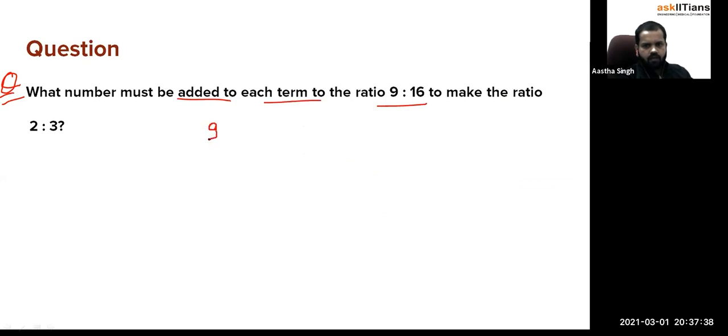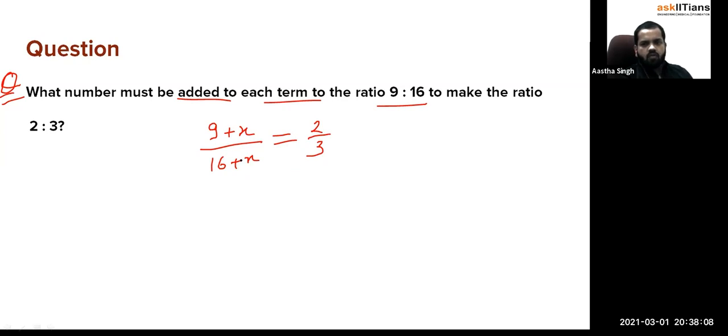For the first term we have added x, and for the second also x. So this will be your ratio, to make the ratio 2 is to 3.